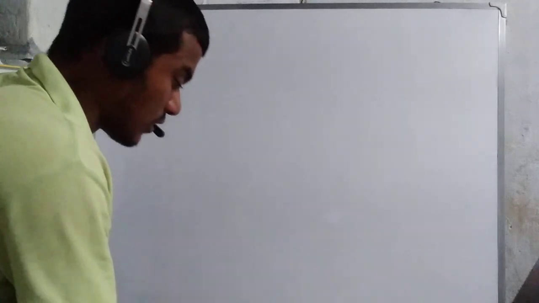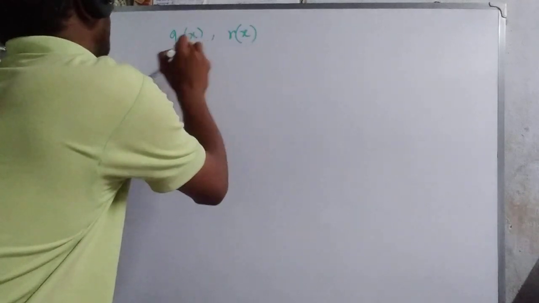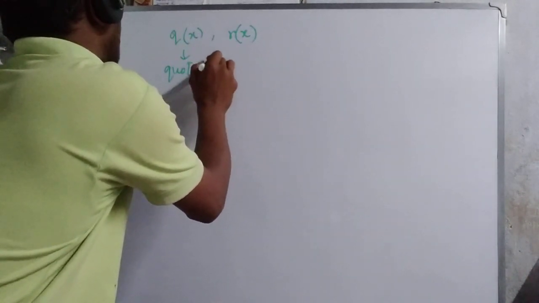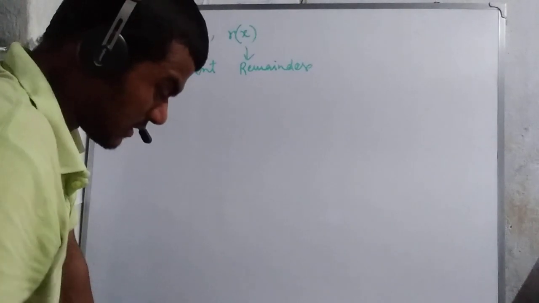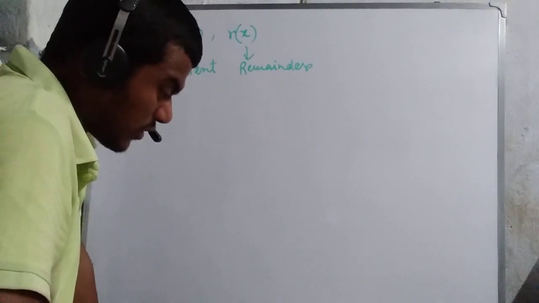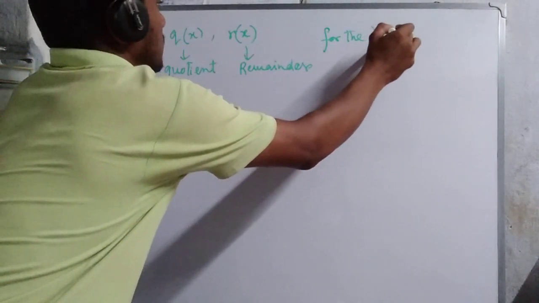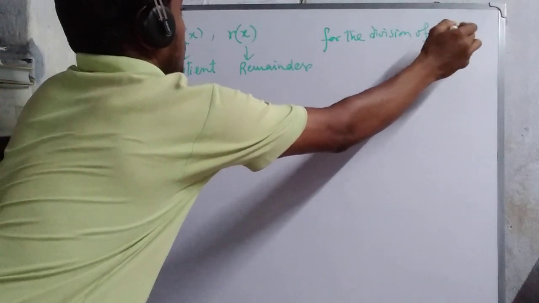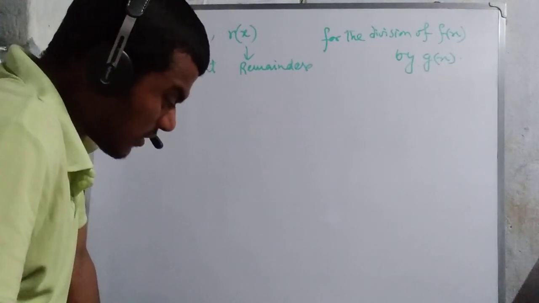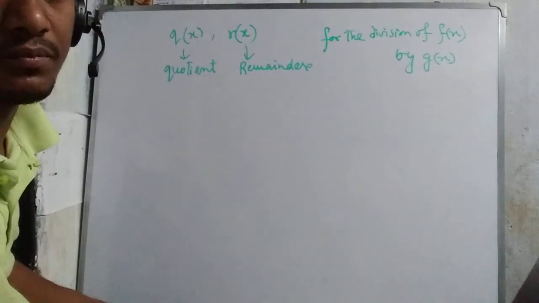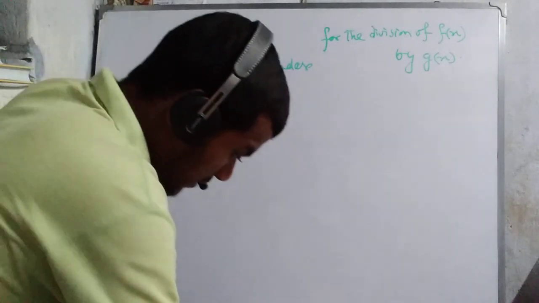Today we talked about q(x) as the quotient and r(x) as the remainder for the division of f(x) by g(x). So let us construct an example.